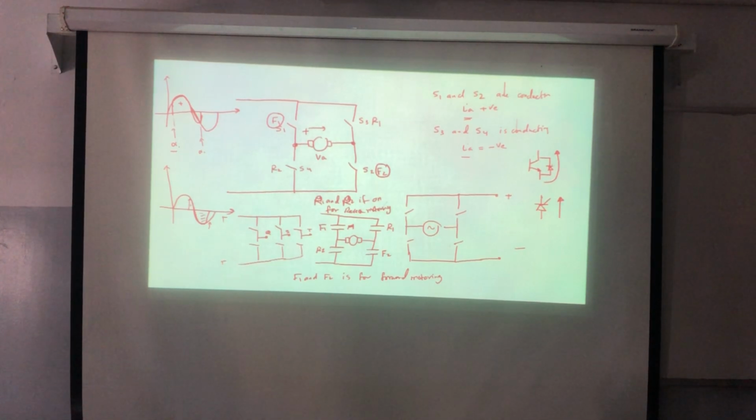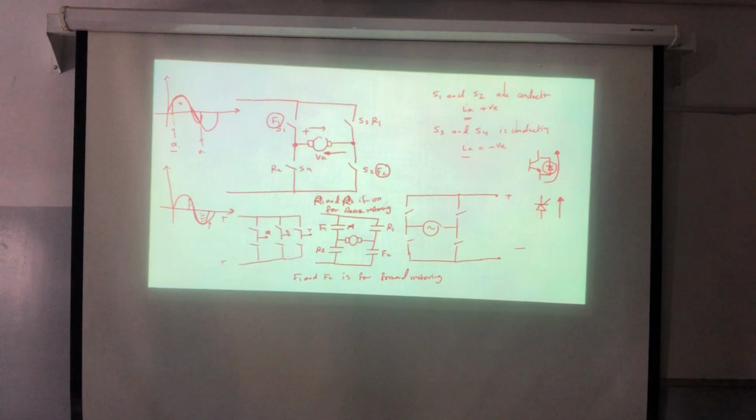The IGBT is backed with what we call a freewheeling diode. The freewheeling diode is used in order to provide a path for the current. So now here, if I need to specify a negative current, a negative current can flow in the opposite direction, from here in this side.